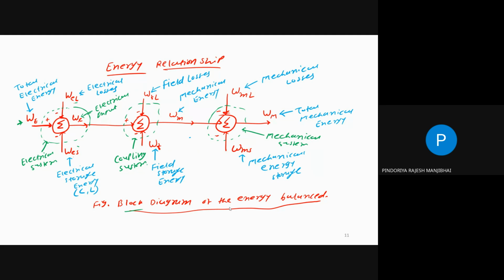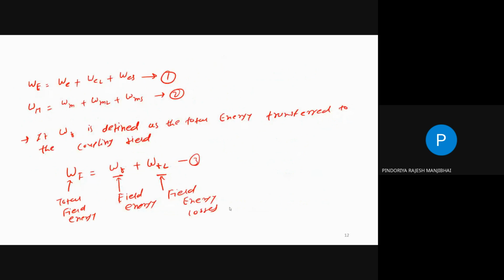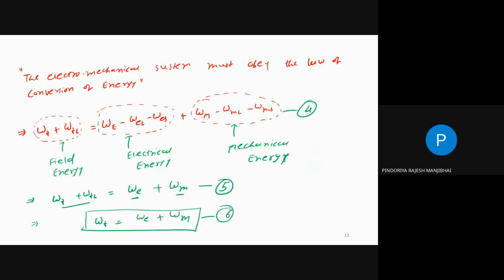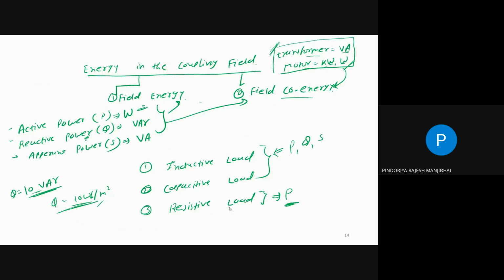Every system has losses, correct? So these are a few equations, based on this diagram. Input energy is the total electrical energy. Then the output is electrical energy plus your losses. And finally, we discussed the energy in the coupling system.